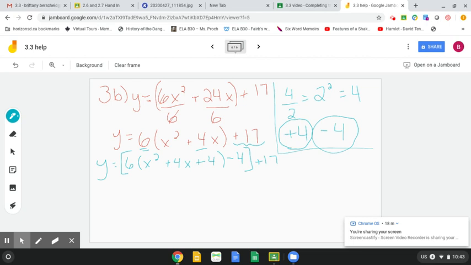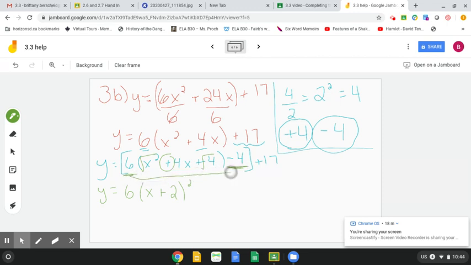Now, what do you do? Okay, now you can drop your square brackets. So you leave your 6. You square root the first term, take the sign of the second term, square root the third term, and put a squared. All right. Then what do we have to remember with these two that are in the square brackets, the 6 and the negative 4?